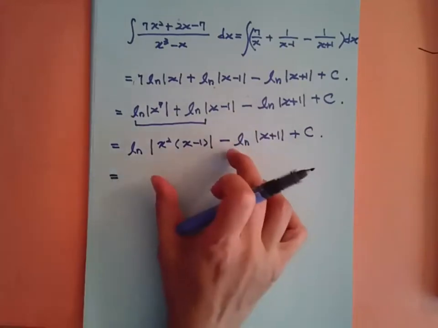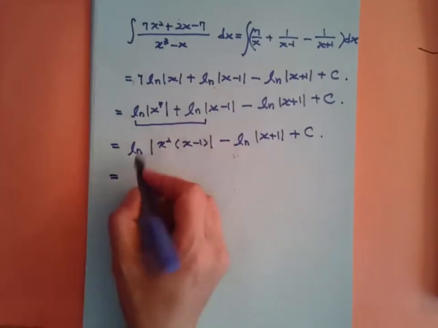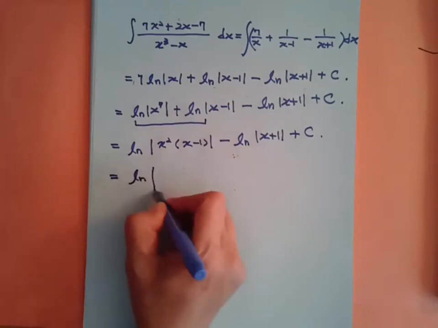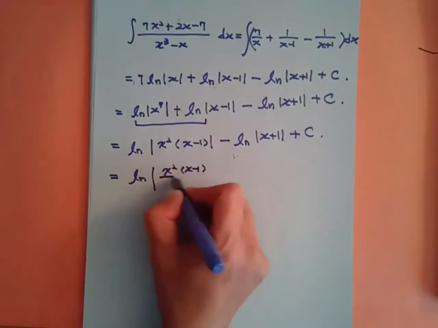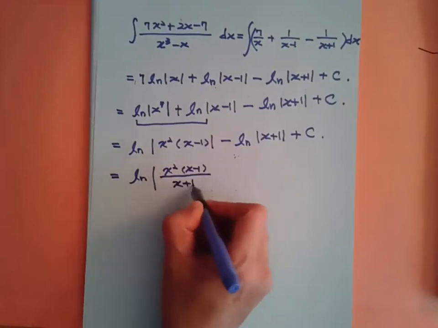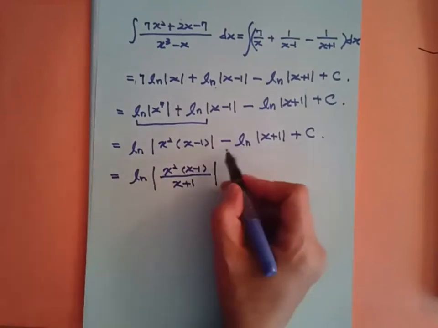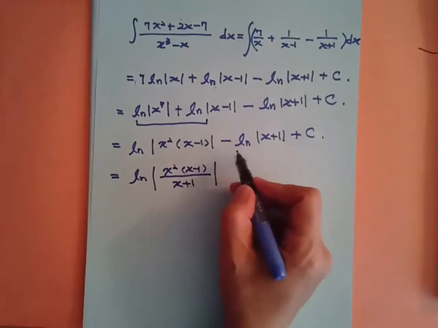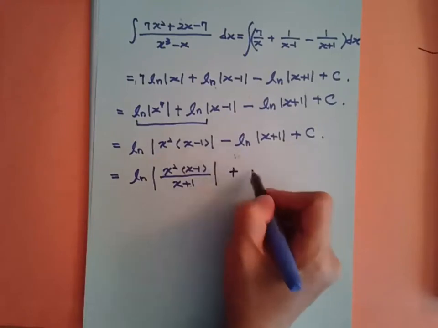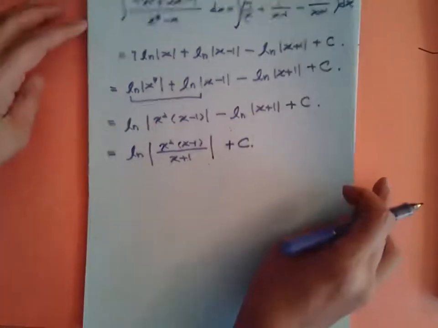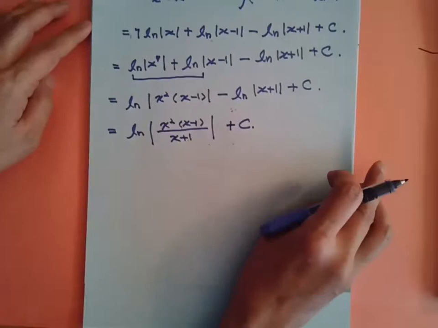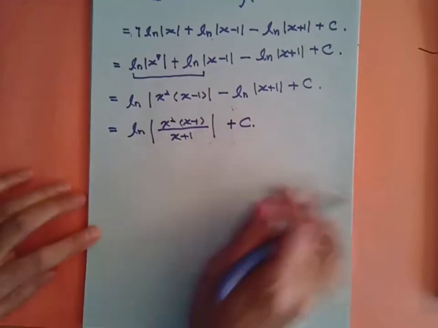So this is minus, and so this one is natural log of absolute value of x squared times x minus 1 over x plus 1. So minus means division, plus c. So that is the conclusion for this problem.